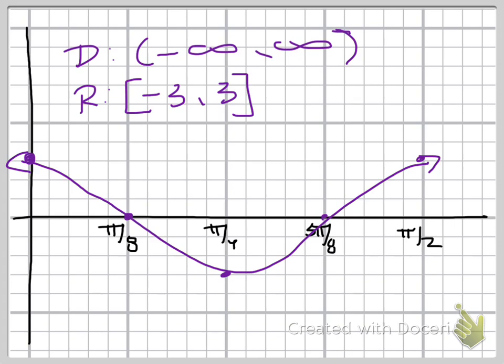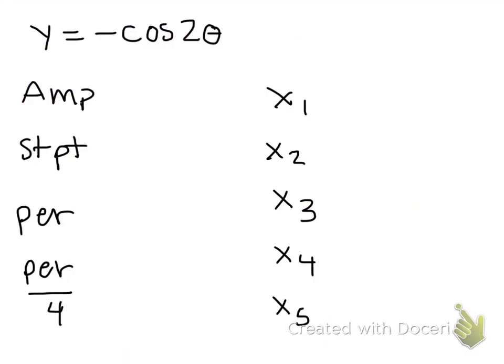Okay, for the second example, we have y equals negative cosine of 2 theta. So a is negative 1, b is 2, and c is technically our 0 if I wrote it like that. So my amplitude is negative 1. My starting point is 0 over 2, which is 0.